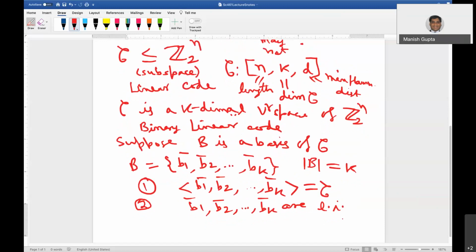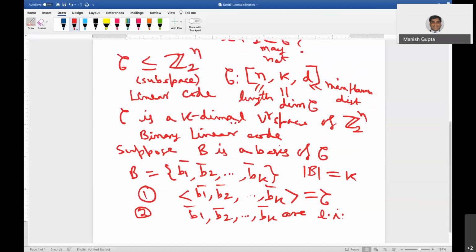Okay, now there is also a convenient way of writing these basis vectors in what is known as a generator matrix. So let me write it down in the form of a generator matrix. A linear code can be described in the form of a generator matrix.